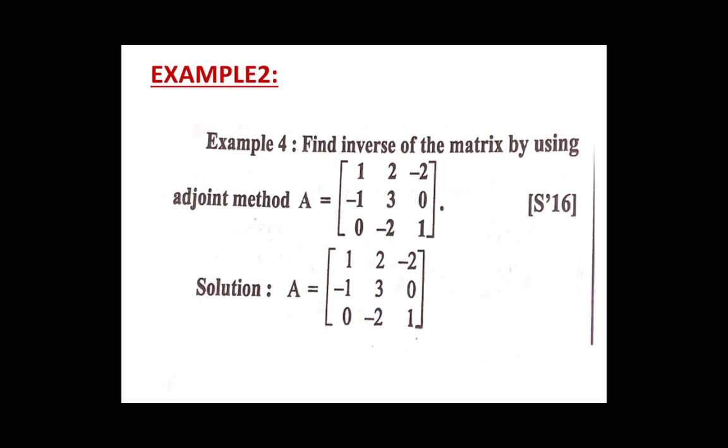Then one more example. Question is, find inverse of a matrix by using adjoint method. Matrix A is given. So let's see the solution. So first we have to find the determinant of A, right? Now determinant of A for 3 by 3 matrix.